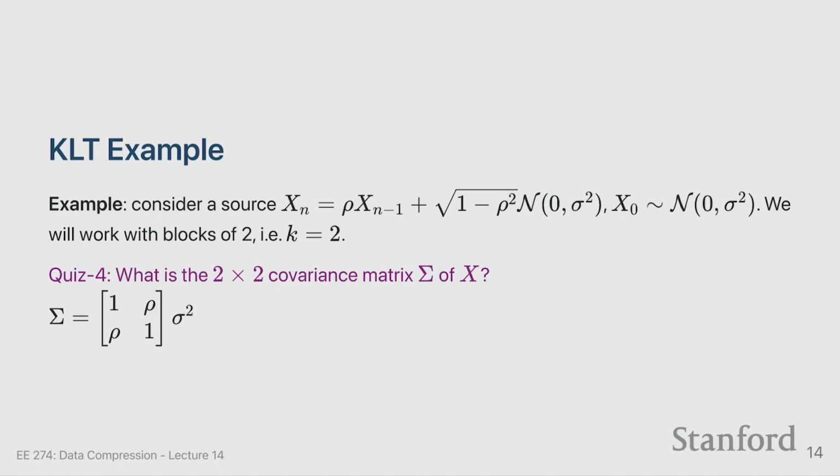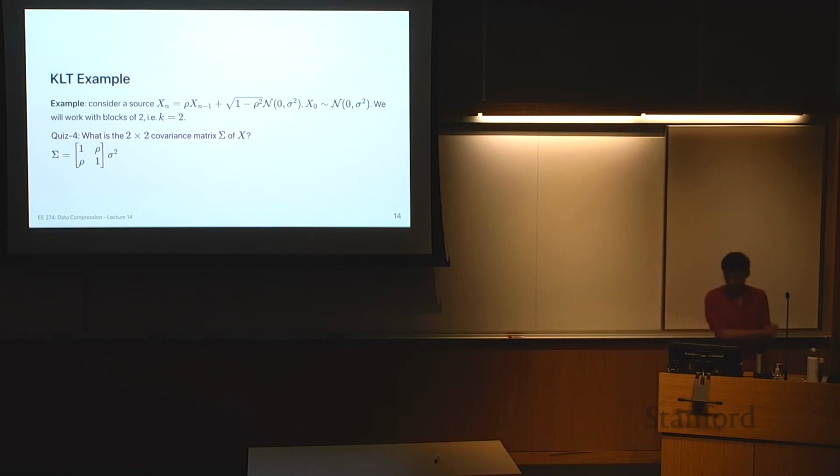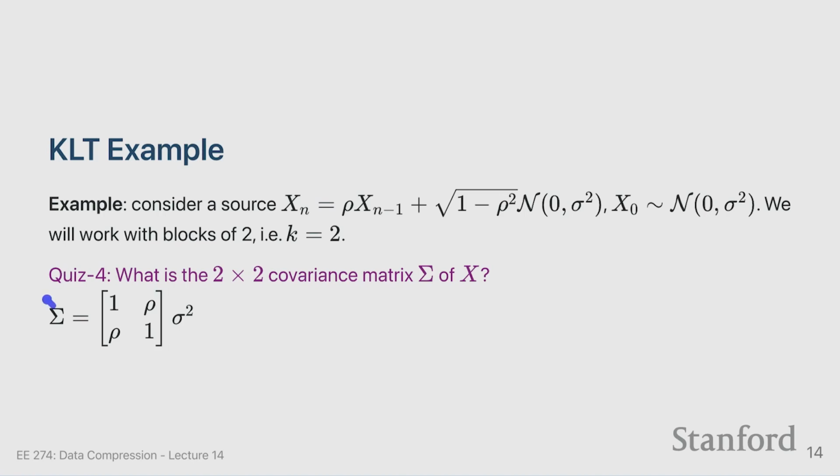Once you have the covariance matrix, what are we going to do next? Anyone? What's the next step for KLT? Okay, so one of the students answered eigenvector decomposition. That's exactly right. We have this matrix sigma.